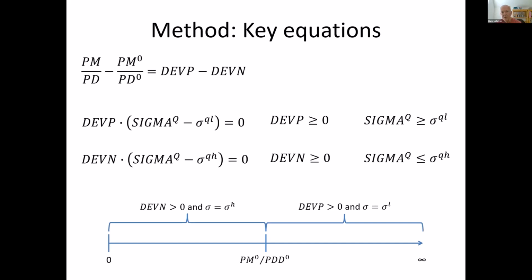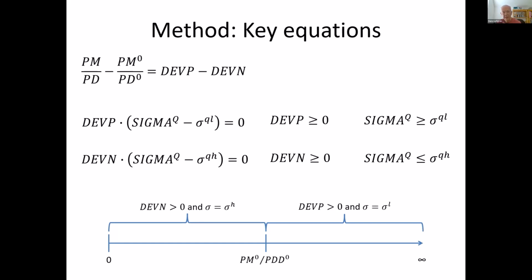And a little bit to the right there, you have the endogenous elasticity variable, sigma Q. So it has to be above the lower limit and below the upper limit. And the top equation defines the new simulated ratio between the import price and domestic price minus the original one. And if the PM/PD, for example, would increase, then you would need to have a positive term on the right-hand side. And the only way to get that is to have dev P being positive.